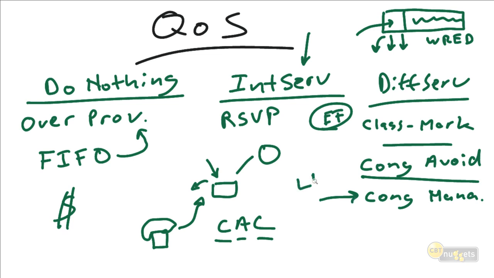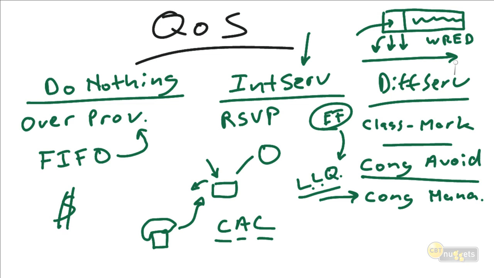And the solution I want you to know for voice traffic is called low latency queuing. What you do is you put the voice traffic, the expedited forwarding marked voice traffic, in the low latency queue, and it gets ultimate strict priority at the interface.